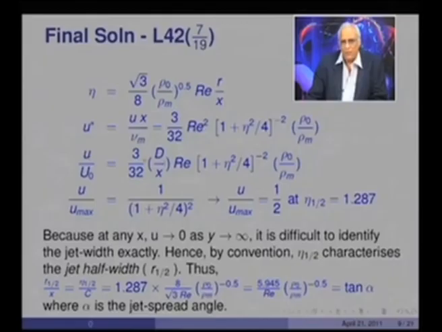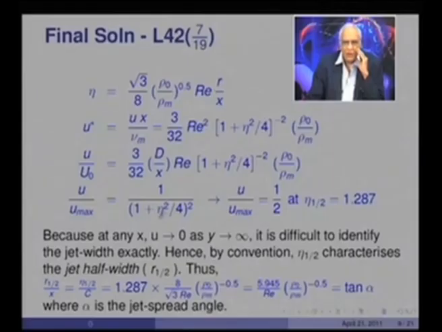It will be maximum when eta is equal to 0. So, u over u max would simply be 1 over 1 plus eta squared by 4, whole squared. Since we do not know where the edge of the jet will be, it is customary to define what is called half jet width. Where u over u max will be equal to half, eta would assume a value of 1.287.